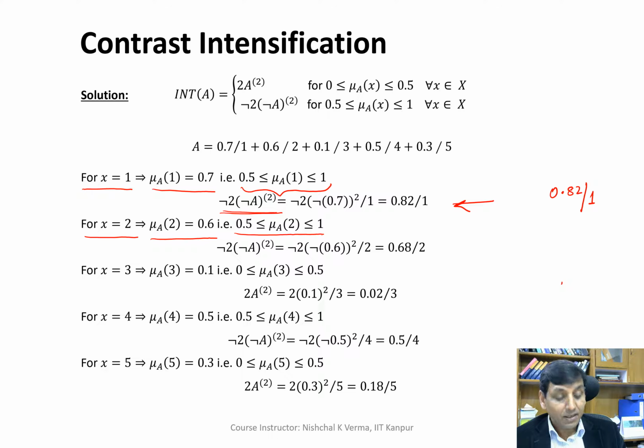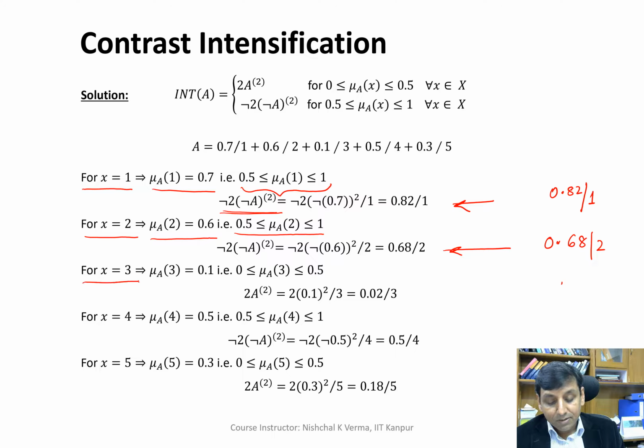So when we apply the expression of contrast intensification, we get 0.68/2. Here 2 is the generic variable value, that is x is equal to 2.